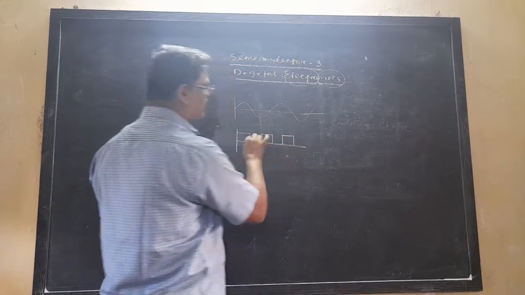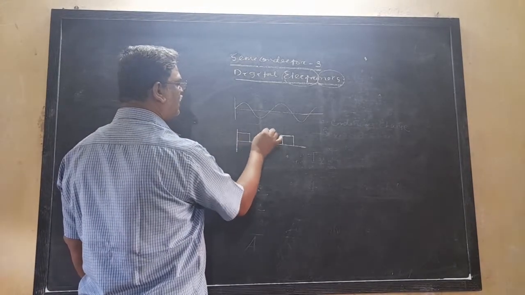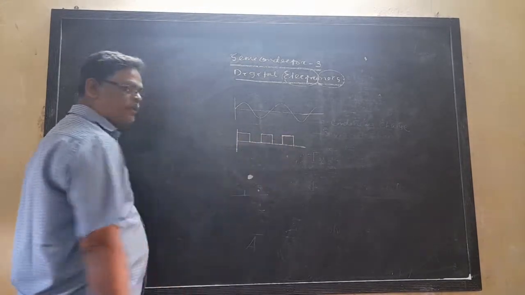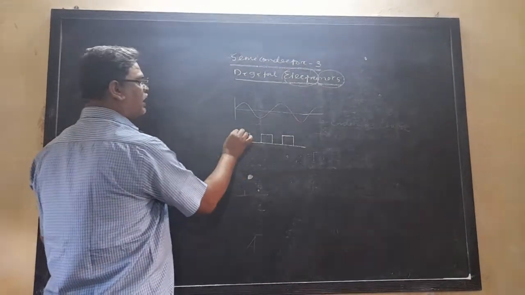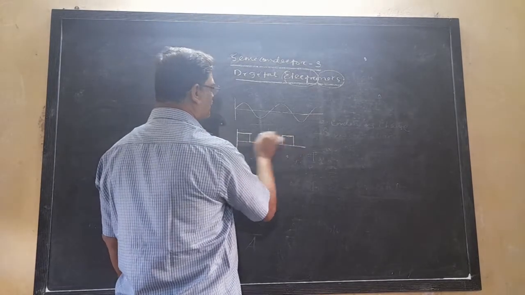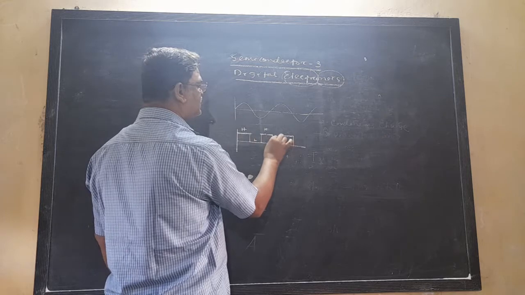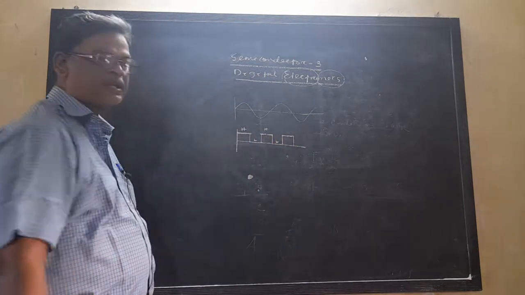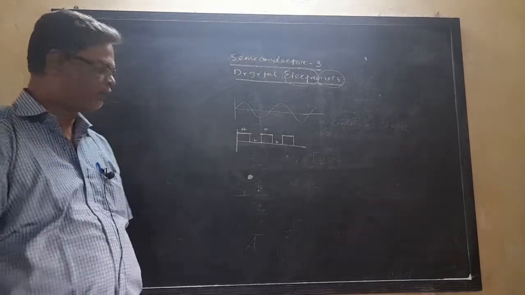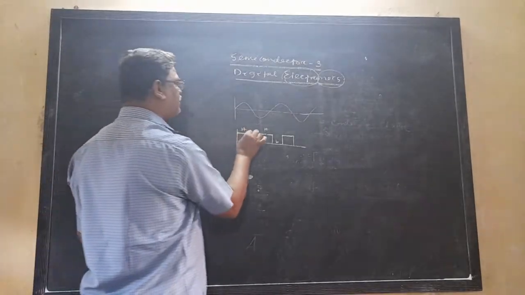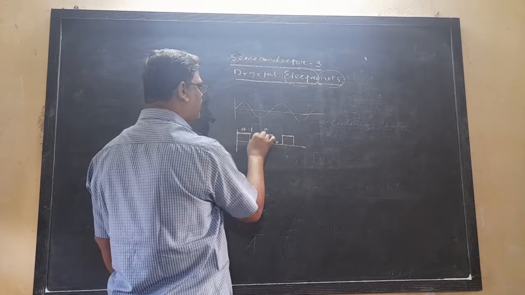These are the discrete values. Suppose this is the high level and this is the low level. The levels are represented by 2 digits, therefore it is known as the digital signal. The high is represented by 1 and the low is represented by 0.